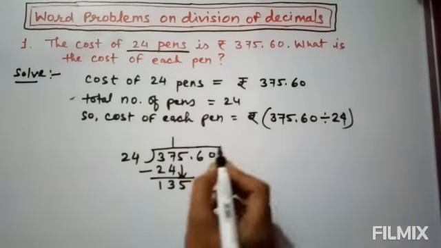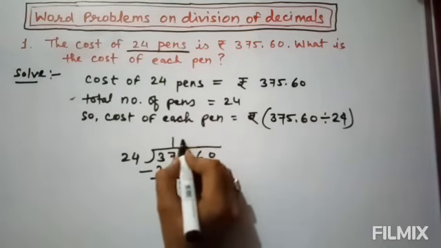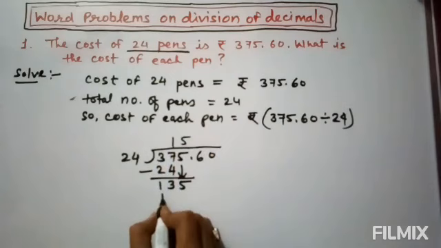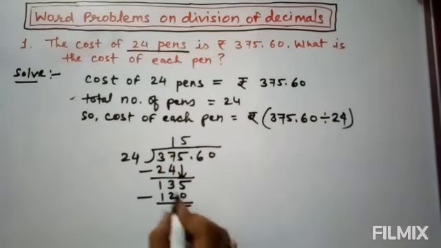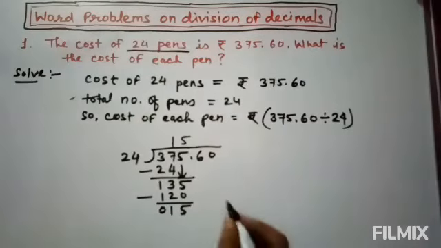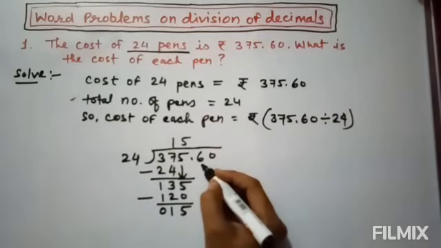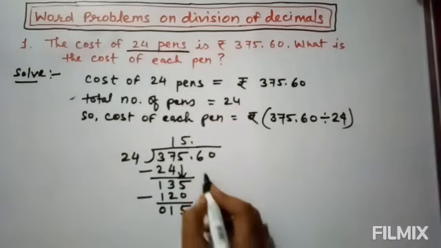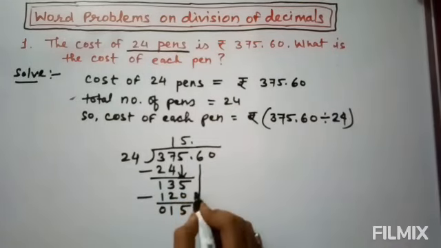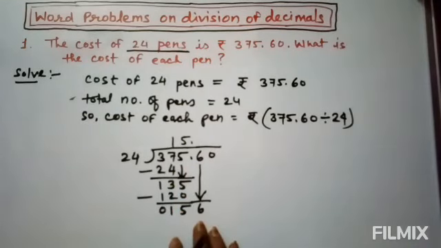So 24 fives are 120. Subtract the number. Now you know that before taking the decimal number we need to put the decimal into the quotient area. Then we are allowed to drop this number into the remainder place.